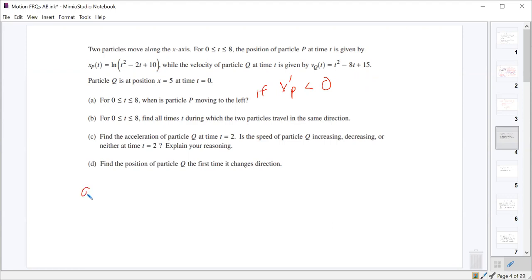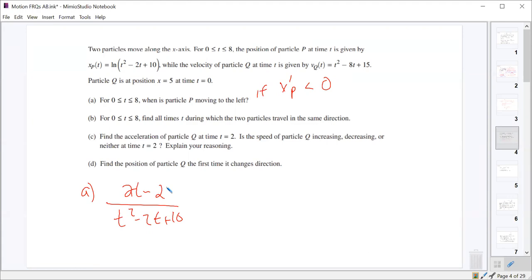It should be 1 over t squared minus 2t plus 10 times the derivative of t squared minus 2t plus 10, which is 2t minus 2. Everybody good there?